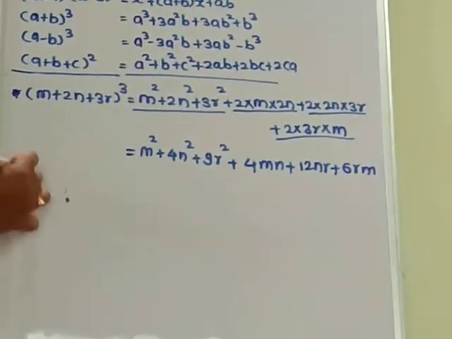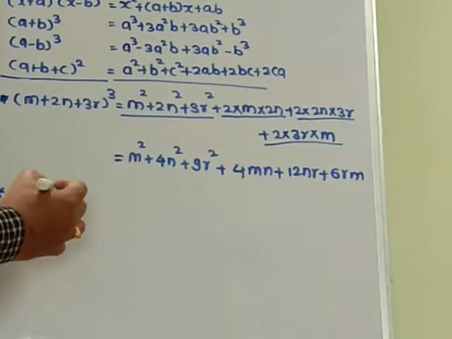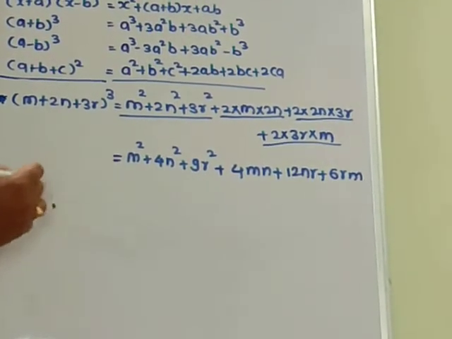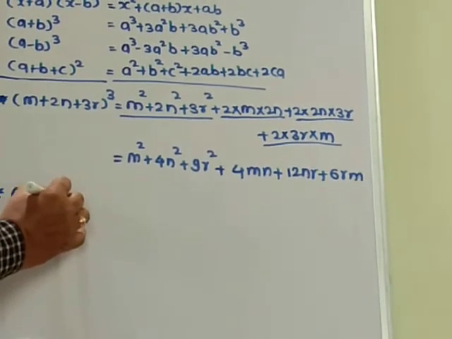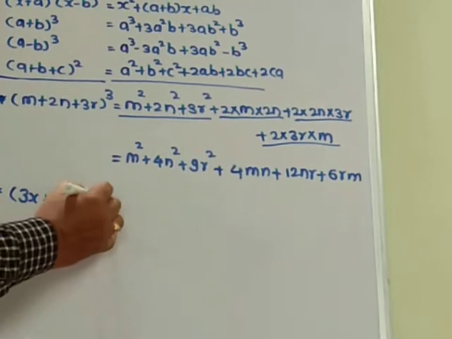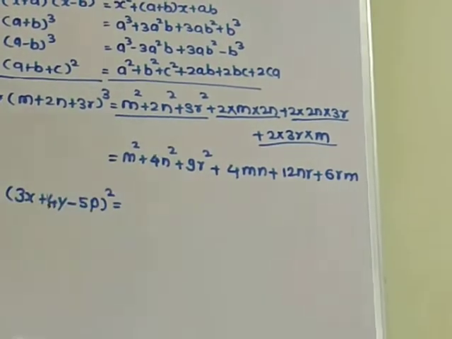Another example of this, that is (3x plus 4y minus 5p) bracket square. Okay.